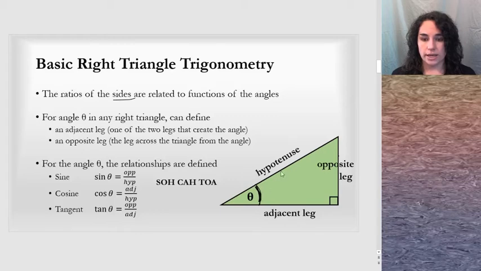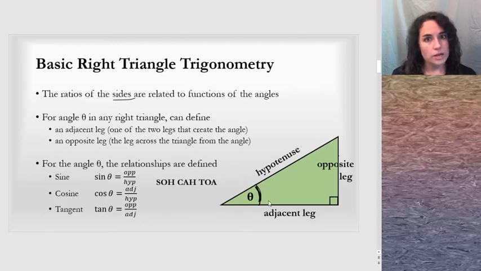The adjacent leg and the hypotenuse form the angle. That's why we call it the adjacent leg, because it's right there next to the angle. The opposite leg is the leg that does not form the angle. It's across the triangle from it. So when you're having a hard time with opposite and adjacent, the opposite is across, the adjacent is right next to it.